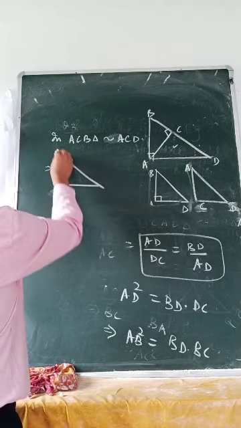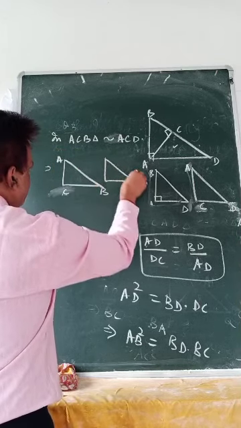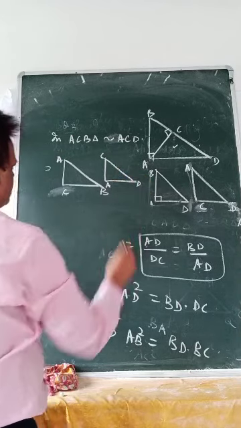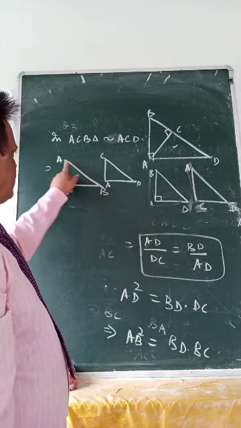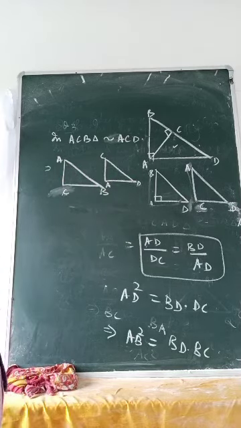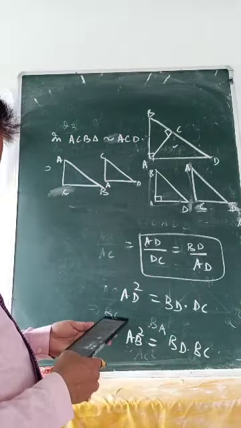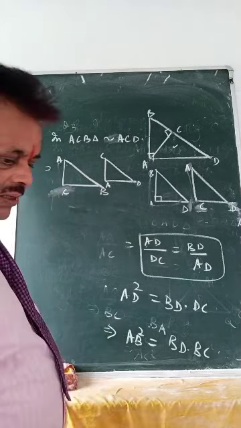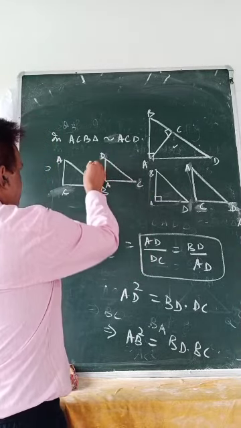AC is here. BC by AD is AB by... triangle ABC, AC square, BC. The C point is here, D is here, similar.